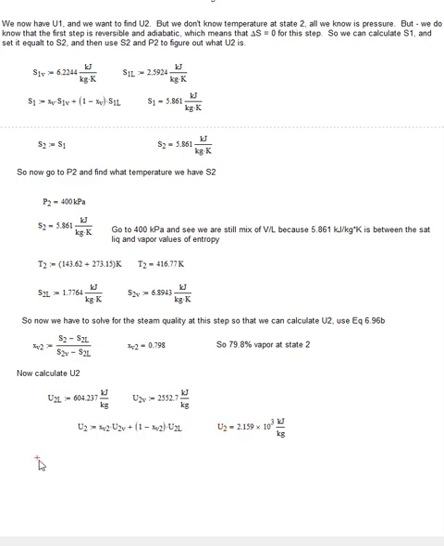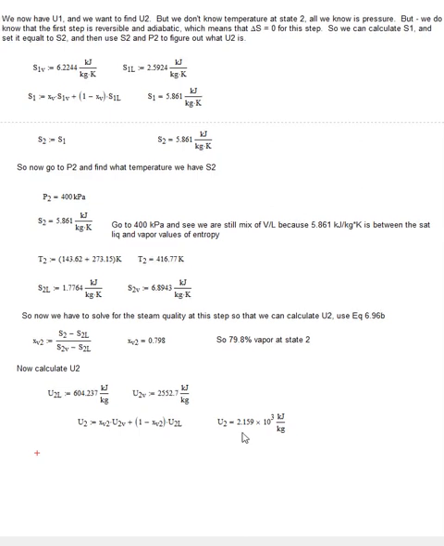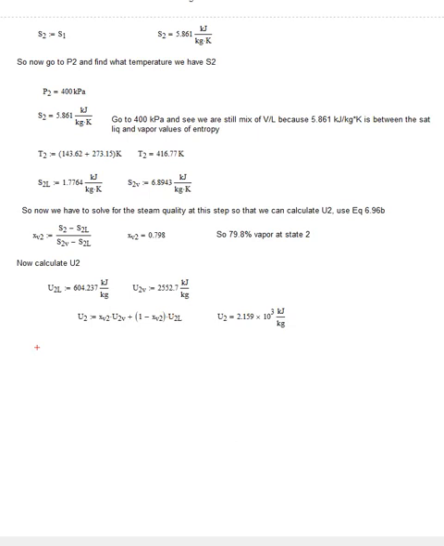So I forgot to bring that over there. We look up, at 400 kilopascals, the internal energy of the liquid, 604, and the internal energy of the saturated vapor, 2552.7. Plug that into our extensive property equation, and we get U2 is 2159 kilojoules per kilogram.